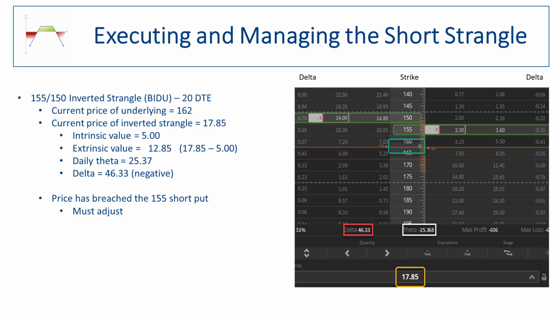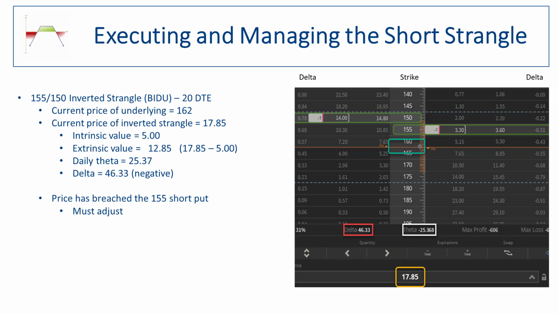This example is a BIDU 155 by 150 inverted strangle. There are 20 days to expiration. The current price of BIDU is $162 per share. Note on the bottom of the chain the price to close this 5-point wide inverted strangle is $17.85.